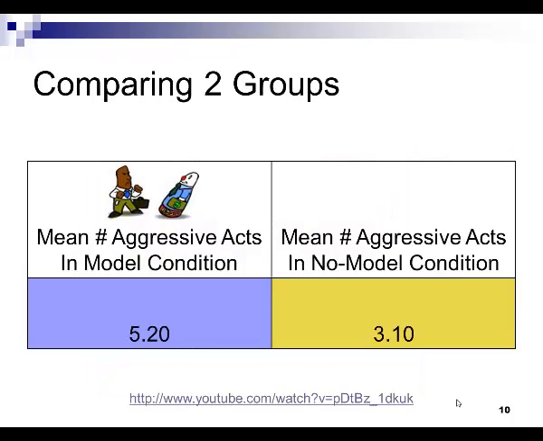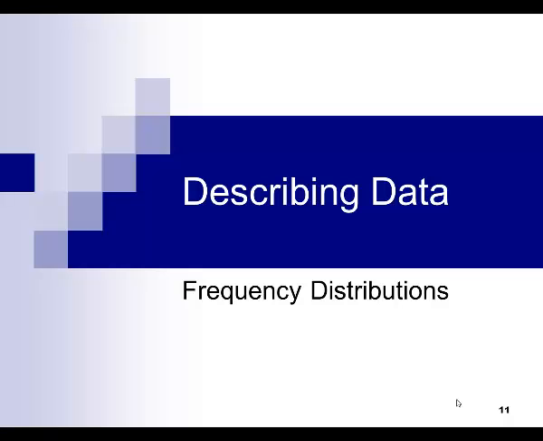What they did was they compared two groups. One was those children who were exposed to aggressive acts in the model condition, and they looked at the mean number of aggressive acts. And then the other were those children who were not exposed to an adult behaving aggressively in the no model condition, and the mean is very different there.